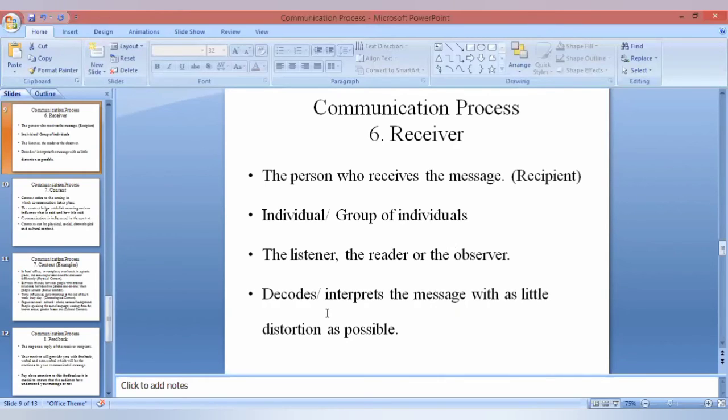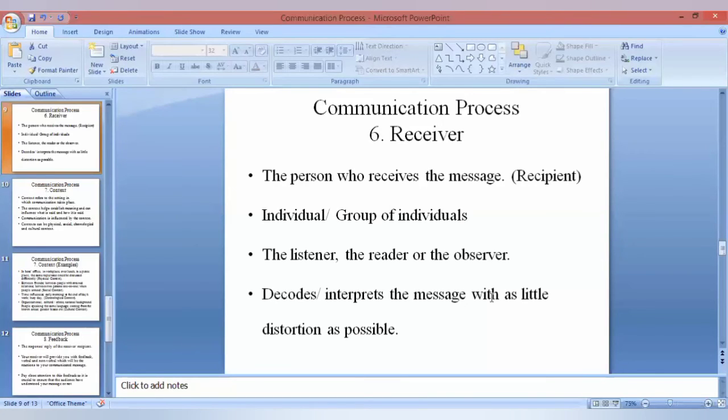It is the recipient or receiver who decodes and interprets the message with as little distortion as possible, because it is important for the recipient to understand the message completely. He has to derive the exact meaning which has been put into words and into non-verbal signals by the sender.